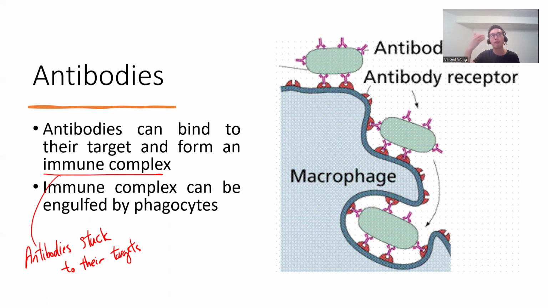That's why we call them foreign antigens. So the antibodies will recognize those foreign antigens and it will bind to them. When the antibody binds to the foreign antigen, essentially they are binding to the pathogen as well. So the pathogen contains the foreign antigens, right?